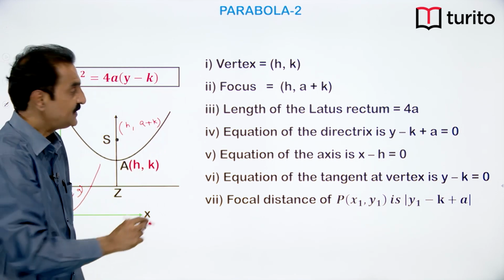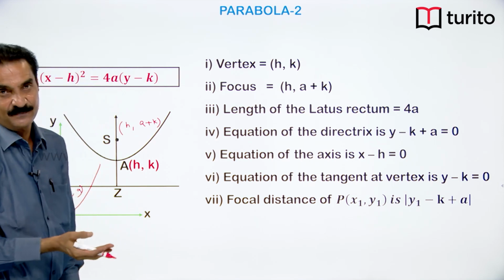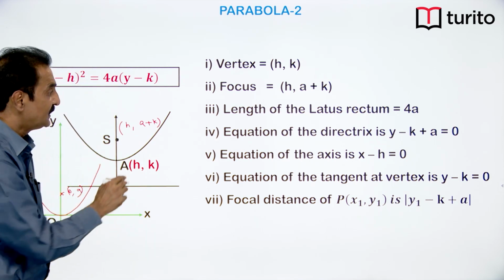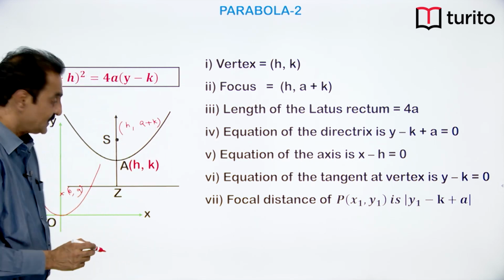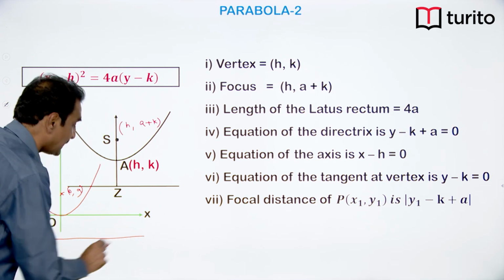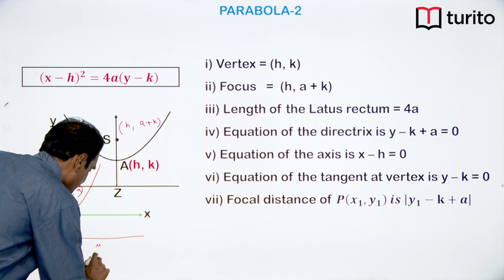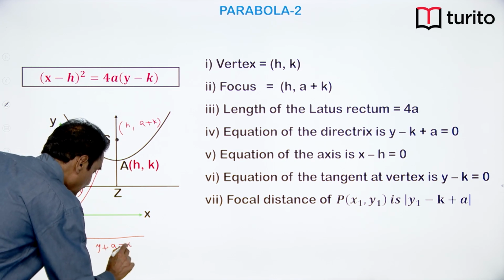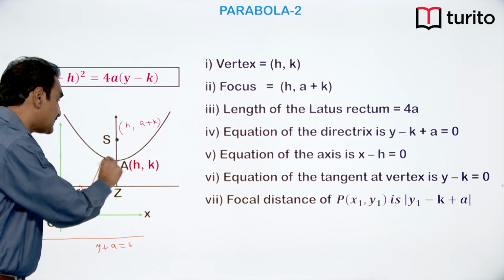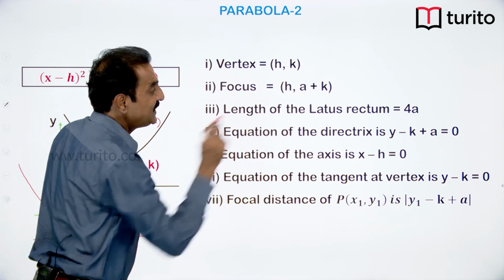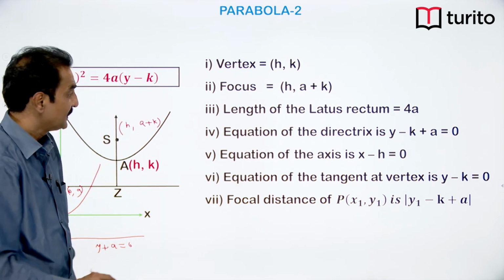Second point, length of the latus rectum is same, size does not change. Equation of the directrix, in the original position the directrix is y plus a is equal to 0. So equation of the directrix of this parabola will be y minus k plus a is equal to 0.